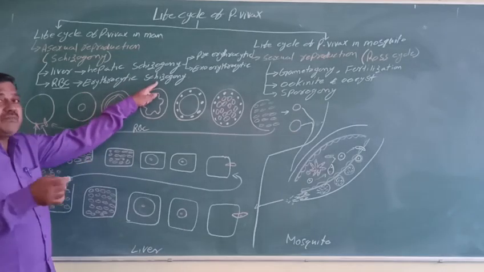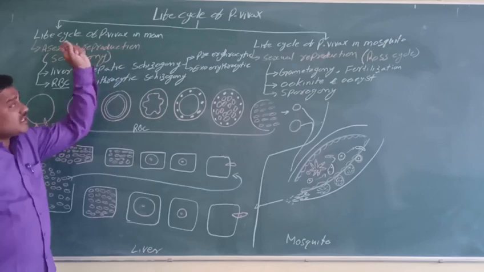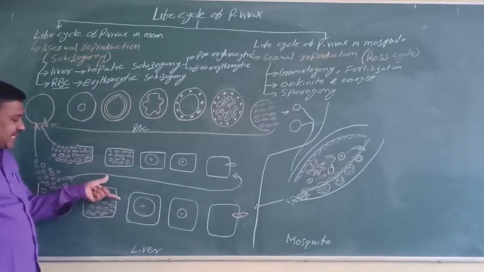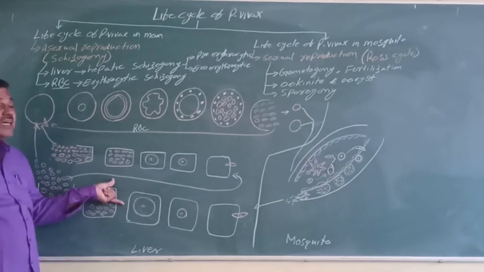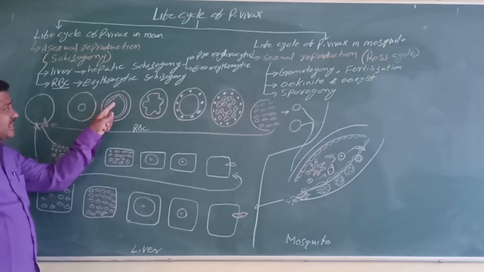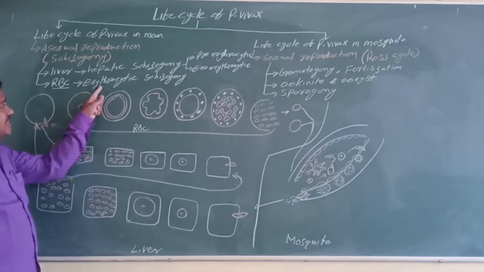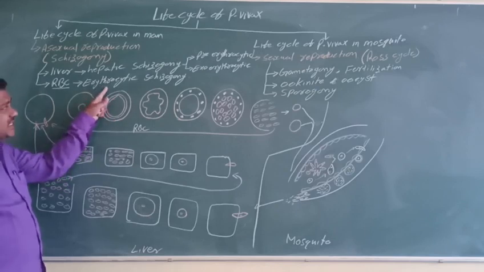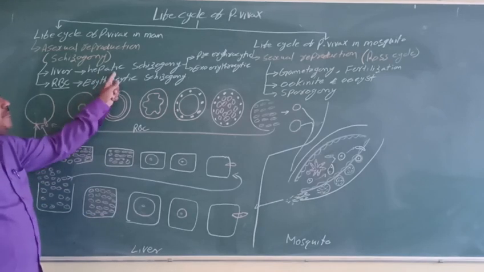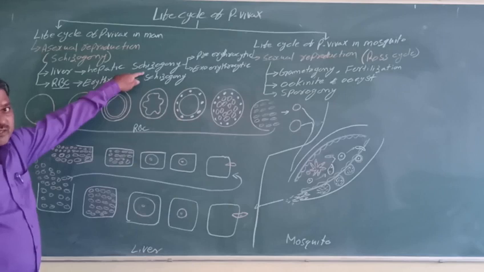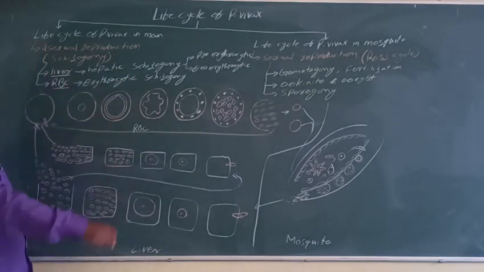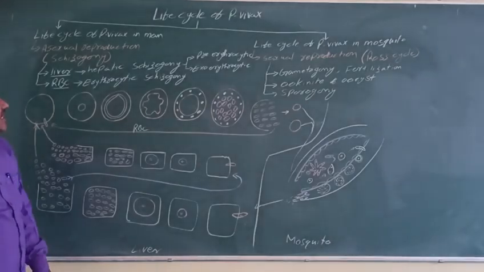So in human beings, Plasmodium vivax initially acts on hepatic cells, that is liver cells. Later on it acts on RBC. In detail, we will study the schizogony which occurs in the liver.